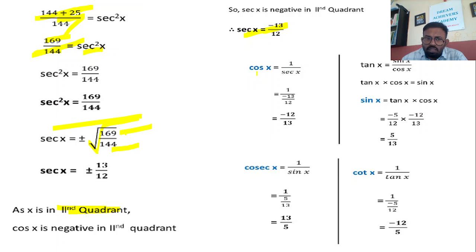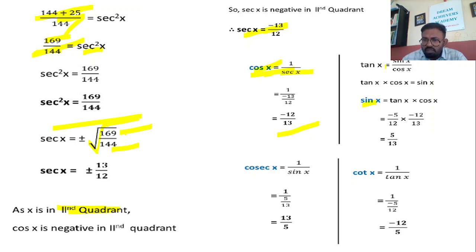Now after knowing secant x, I can solve for cos x. The cos x can be written as 1 by secant x. So 1 by minus 13 by 12 will become minus 12 by 13. Directly I can solve. Here I found the value of cos x. In the problem they have given tan x.